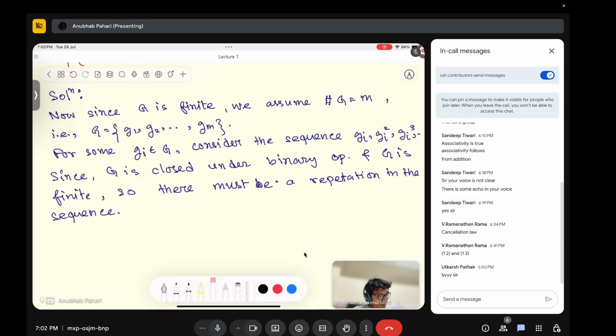So that is, gi to the j equals gi to the k for some integers j and k with j greater than k, obviously positive integers.